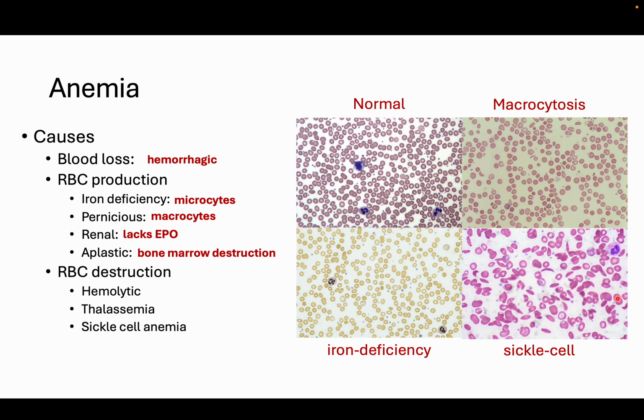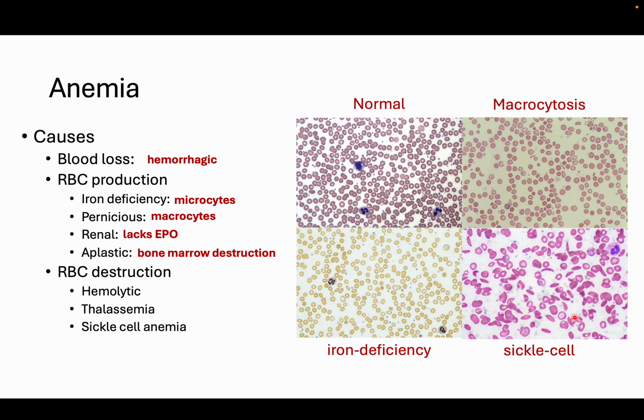So typically you're going to have blood transfusions, although there have been some recent advances in genetically engineered cells, replacing those so that you don't have red blood cells that have that sickle cell trait.